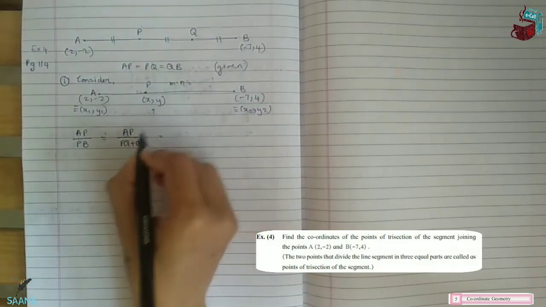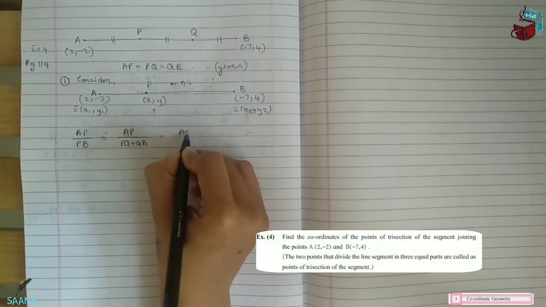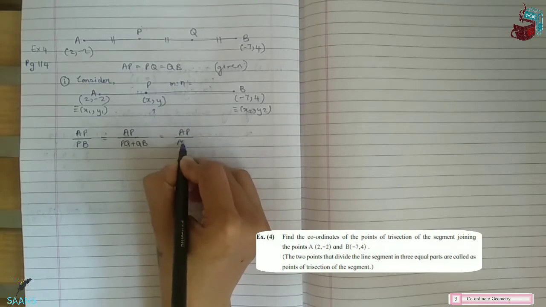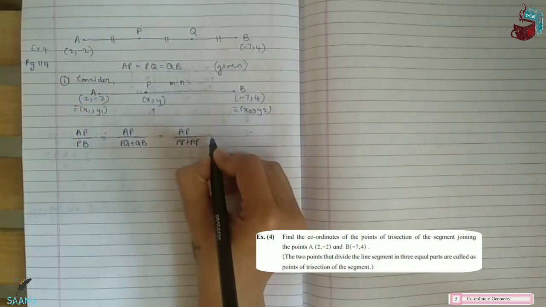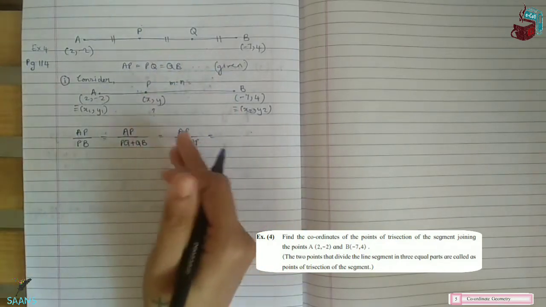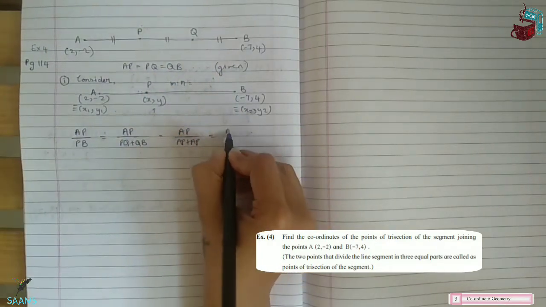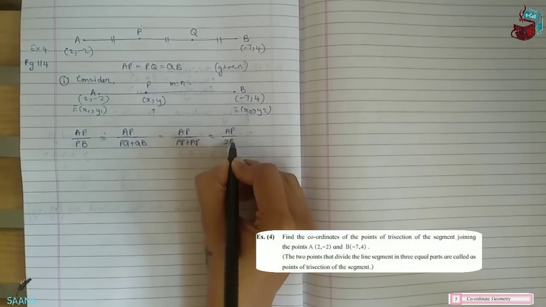Therefore AP upon PB is AP upon AP plus AP. Because all are equal, I can write AP only. If you write PQ everywhere, no problem. So it is AP upon 2AP.